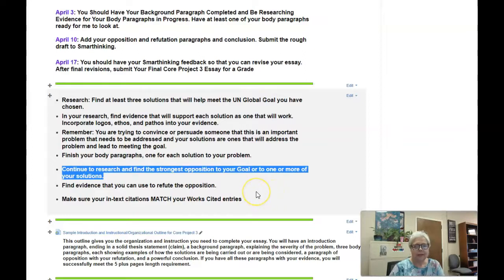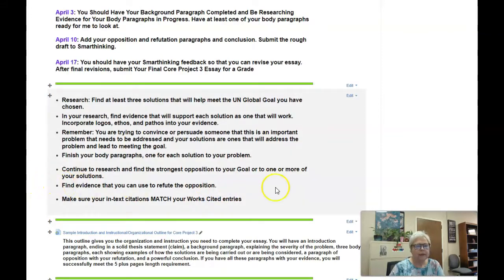But this is not trying to eradicate poverty totally. It's just trying to get some help to the problem so that there'll be less poverty or whichever problem you're working on. And then you want to find evidence that you can use to refute the opposition.